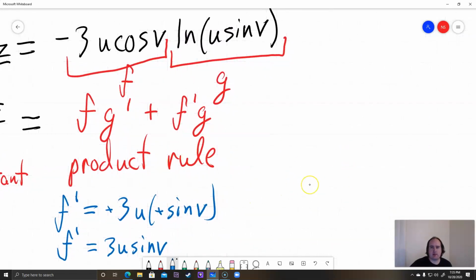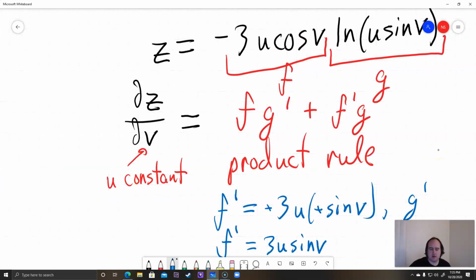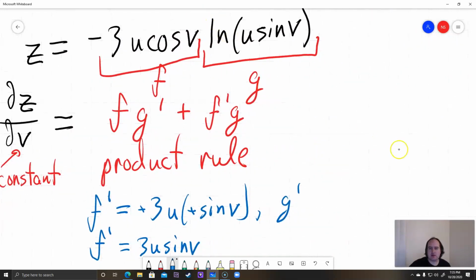So for g prime, we're taking the derivative of ln of u sine of v, with respect to v. Okay, so u is constant. So using the chain rule, in other words, the old chain rule from Calculus 1, we take the derivative of the outer function, ln, so that's going to give us 1 over u sine of v times the derivative of the inner function.